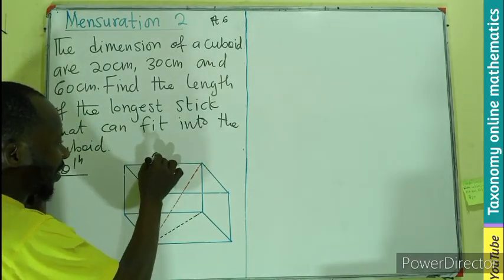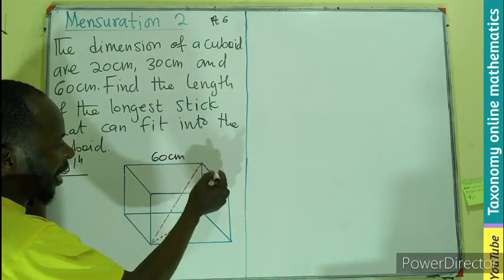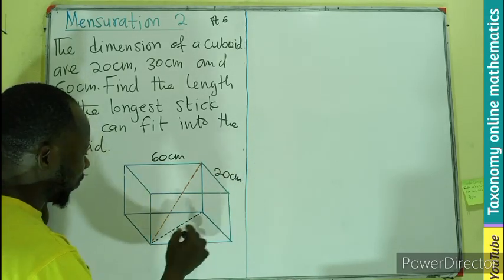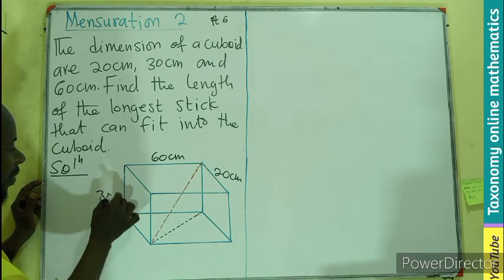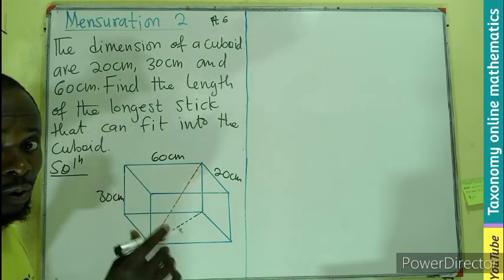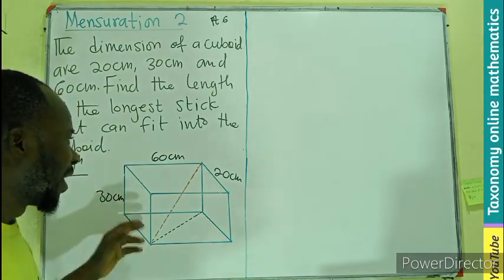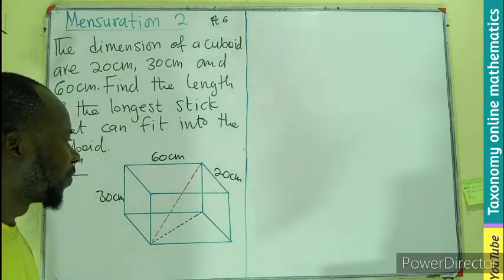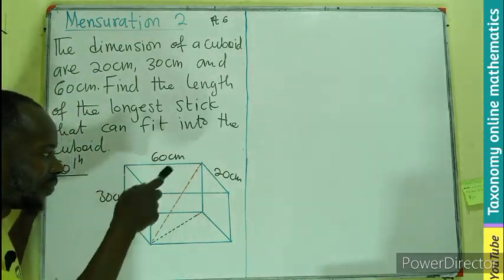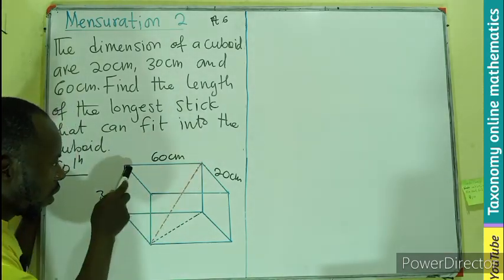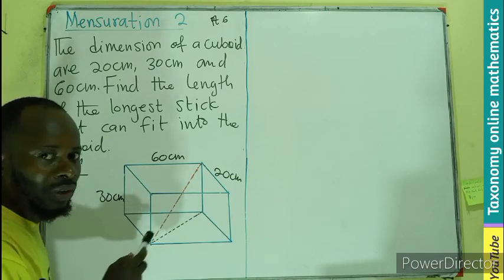So let's just say this is our 60 centimeter, this is our 20 centimeter, and this is our 30 centimeter. They can be mixed up in order to be the length, breadth, and the height. Now, the longest stick that can fit into this could be from this corner to this corner, or from this corner right down to this corner.